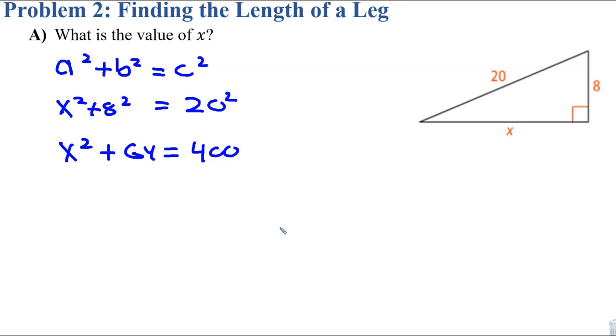Now this time to get the x by itself, I'm going to subtract 64 from both sides of the equation, which will give me that x squared is equal to 336. And then once again, we'll take a square root to get the x by itself.